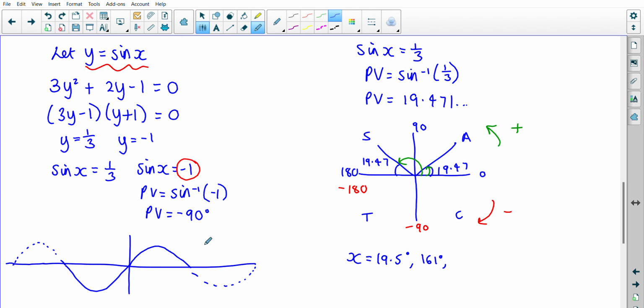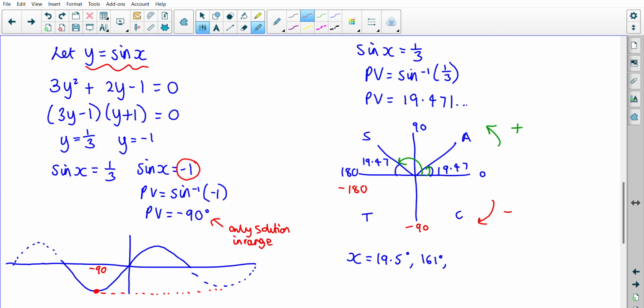Okay, so when we've got minus 1 down here, we're getting this solution of minus 90. If I carry on, the next solution will be at 270, but that's out of range. So this is the only solution in the range.